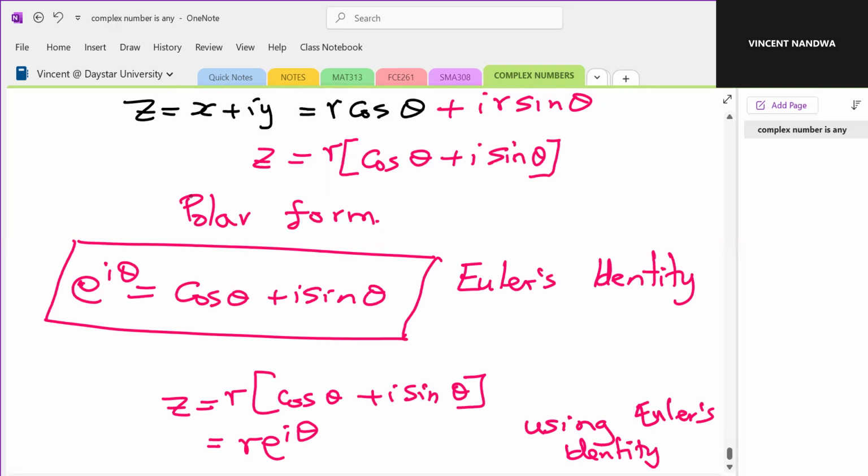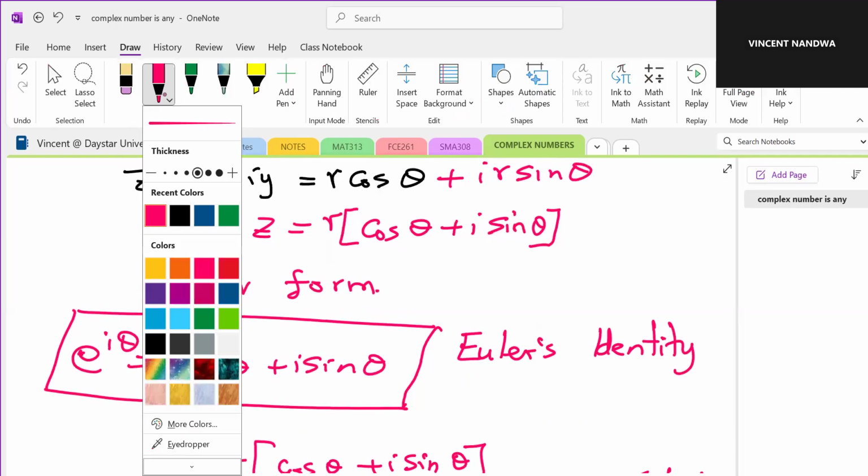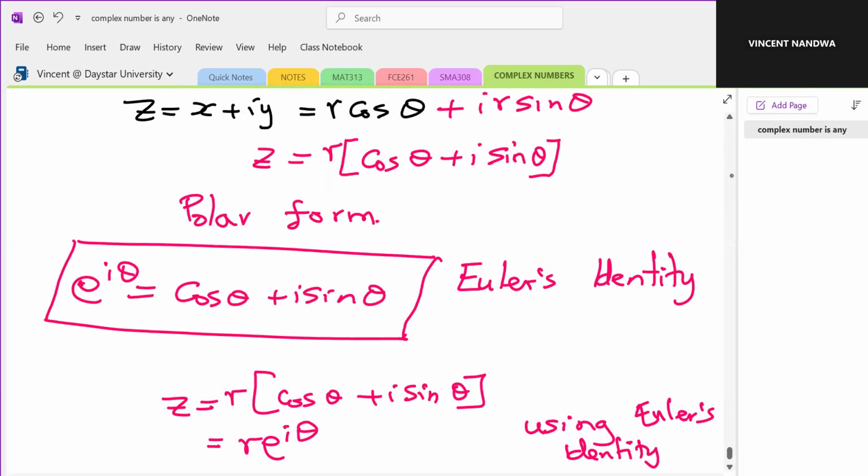When you have a complex number expressed in terms of the exponential, then this is what we call the exponential form, while this one is what we call the polar form.